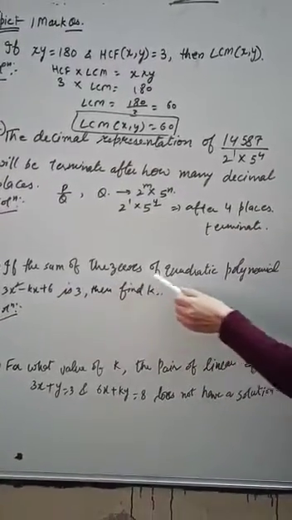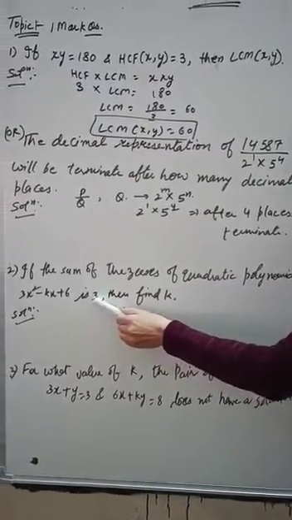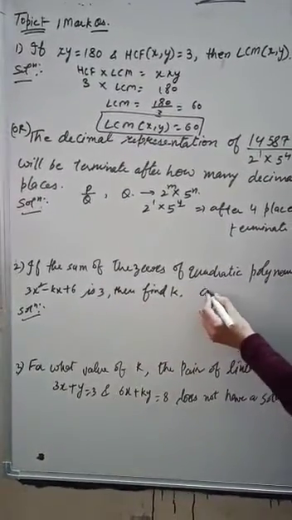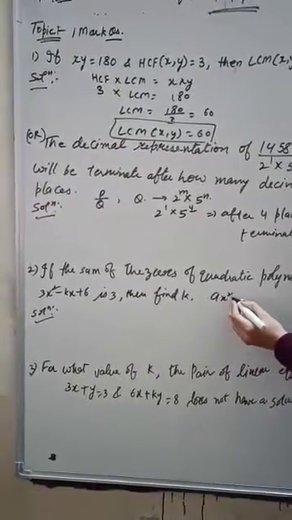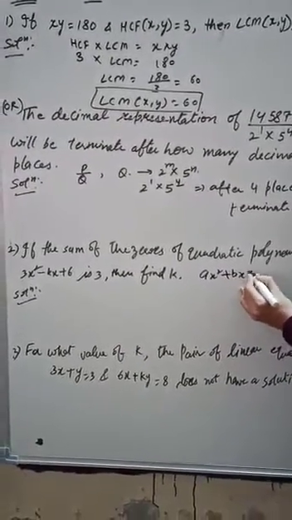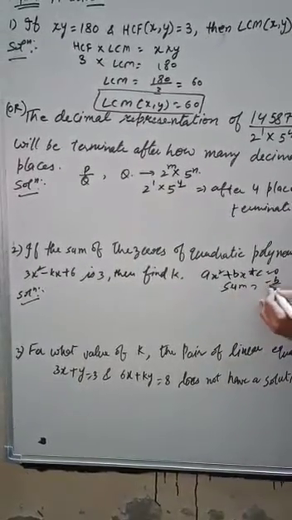If the sum of the zeros of the given quadratic polynomial is 3. As you know, the standard quadratic polynomial is ax square plus bx plus c equal to 0, and the sum of the zeros is equal to minus b upon a.